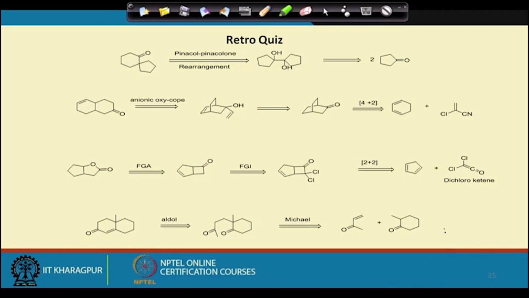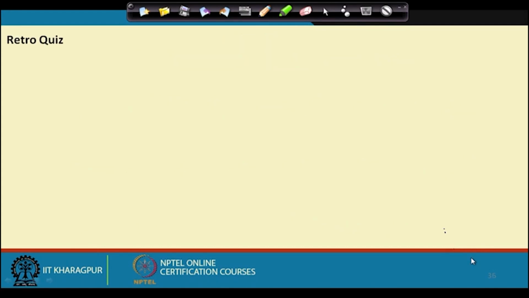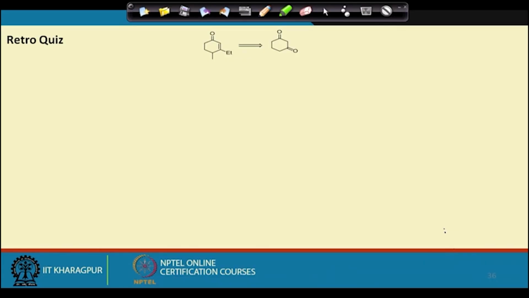So, we will continue our discussion with other quizzes. There are a couple of interesting quizzes. Throughout this entire coursework, we will talk about more of these quizzes, and your doubts will be cleared. Whenever we talk about a new transformation, I will try to provide the mechanism for individual transformations.